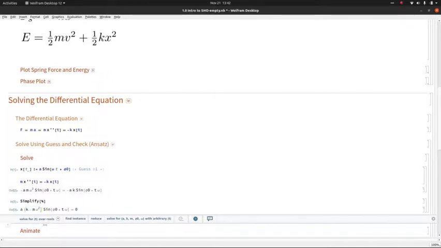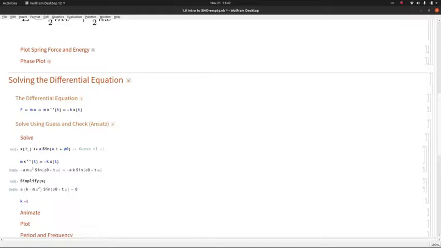So it's got to be true that k equals m, and then we can make our omega symbol using Escape, w, Escape, which gives us the omega. It's got to be true that k equals m omega squared. And if that's the case, then this solution works great.